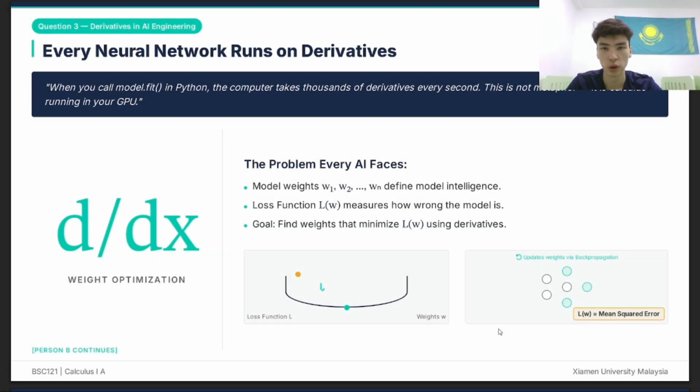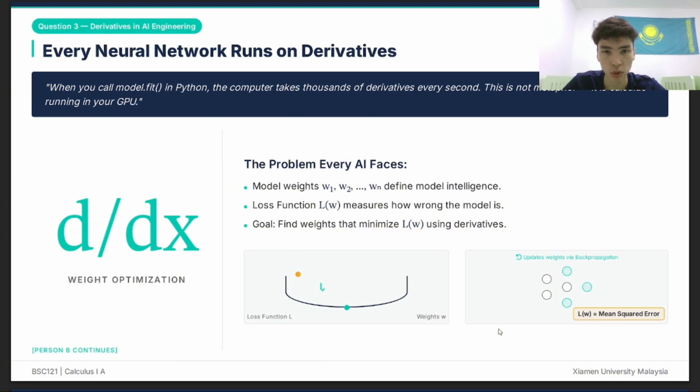So now we arrive at the most important section for us as future AI engineers: derivatives in AI. When you train a neural network by calling model.fit in Python, your computer is silently computing thousands of derivatives every second. This is not a metaphor, it is pure calculus running on your GPU.